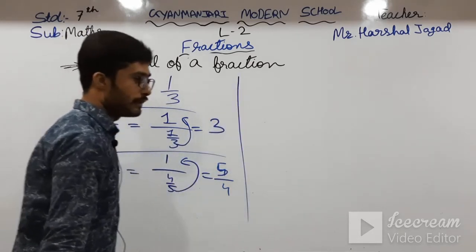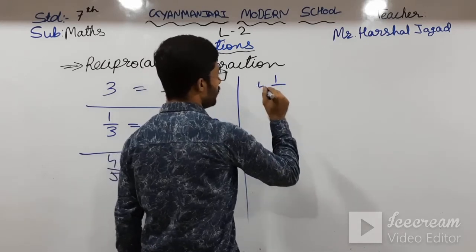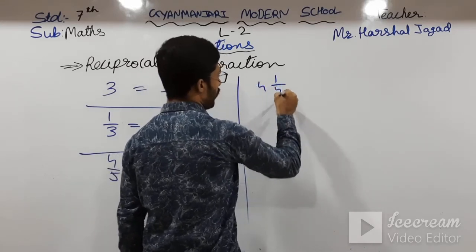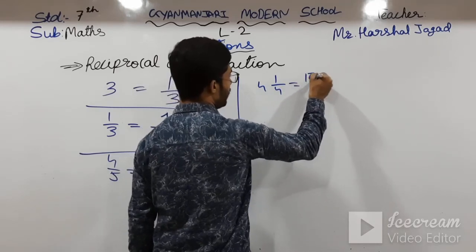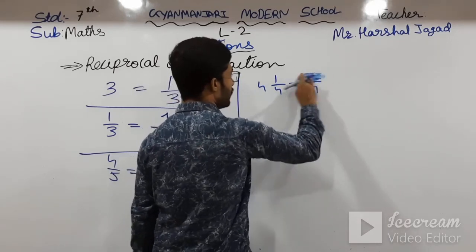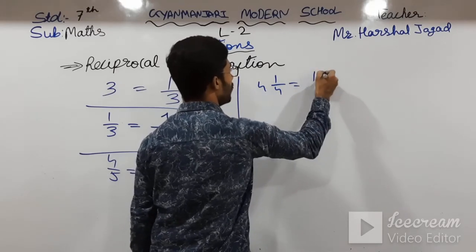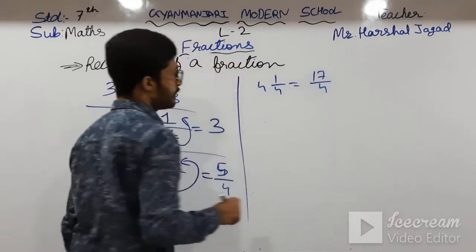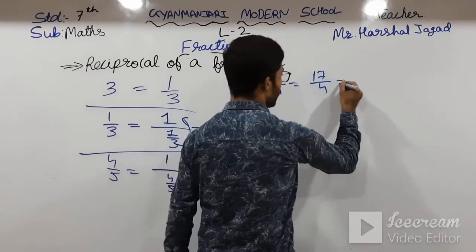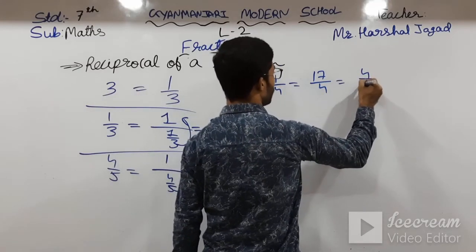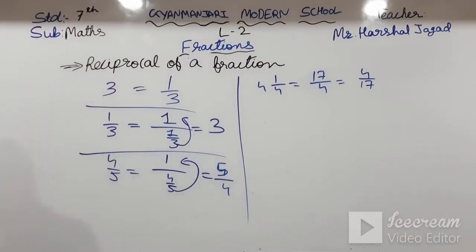Another example, 4 1 by 4, that is 4 4s are 16 plus 1, 17 by 4. So its reciprocal will be 4 by 17.